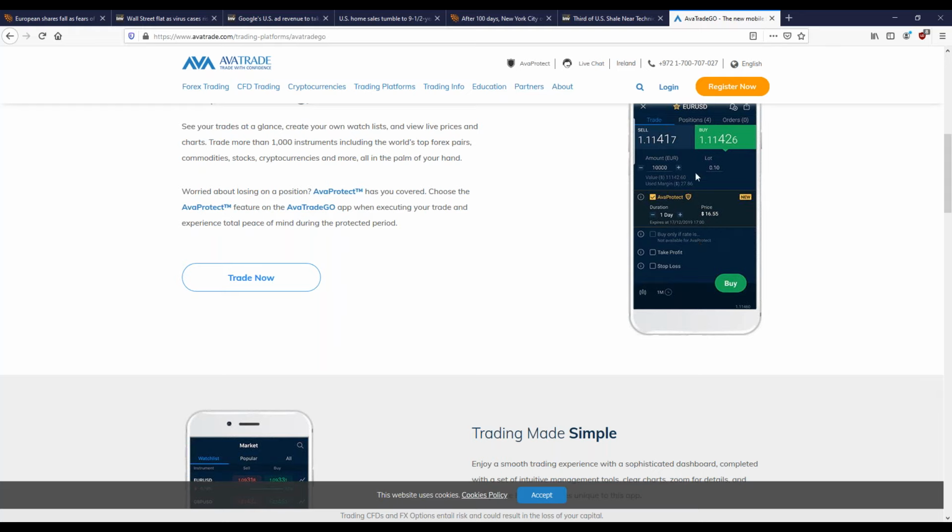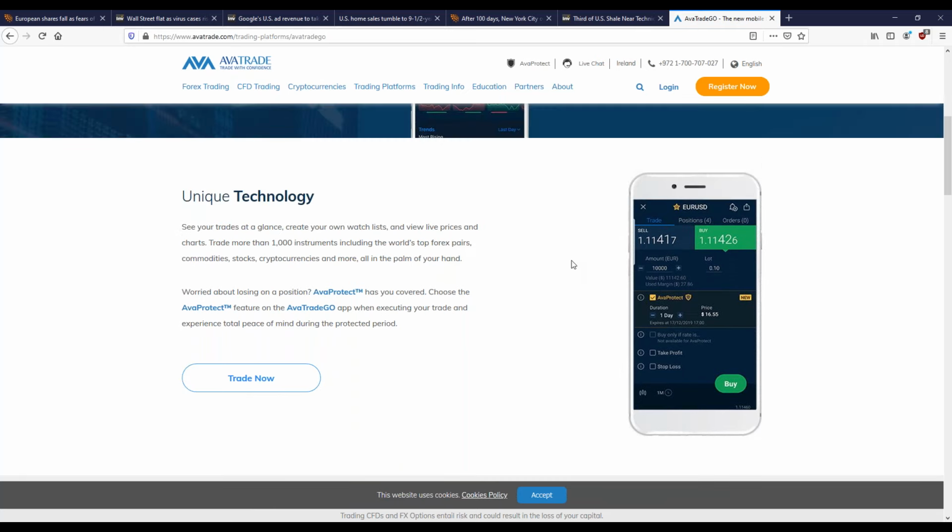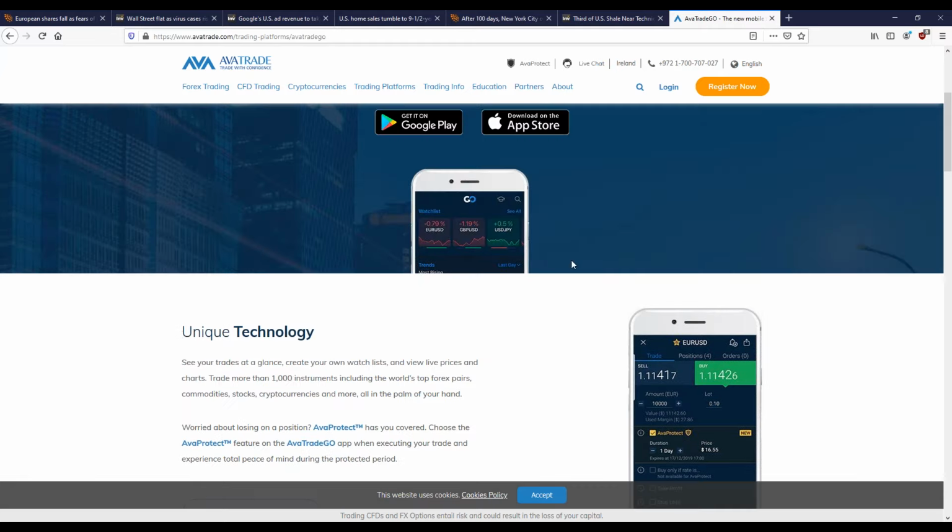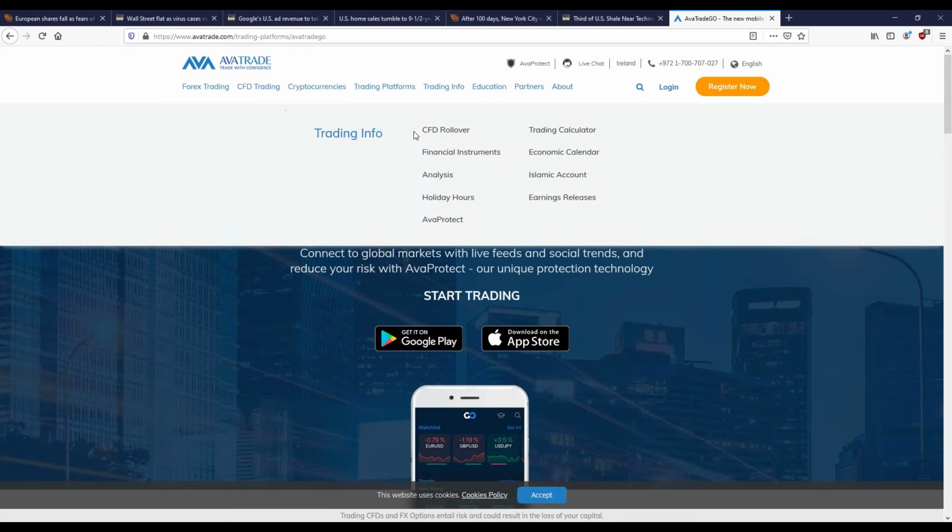You really can risk manage in an easier way using the app because you know exactly, to those marks, stop loss, take profit, what your potential loss and potential profit would be. And you also have the extra feature of AvaProtect on all the FX pairings and on gold and silver. Very nice tools to use within the AvaGo mobile app. So it's something to check out if you haven't yet.